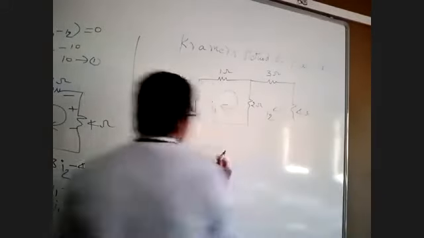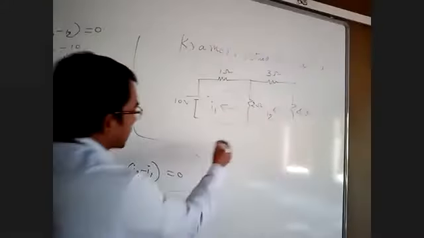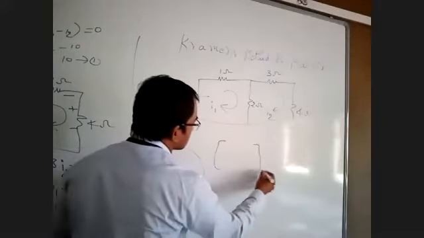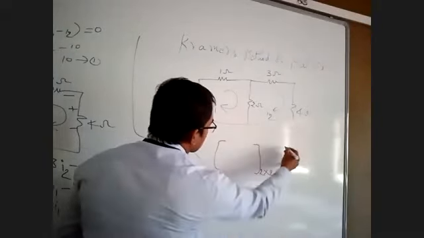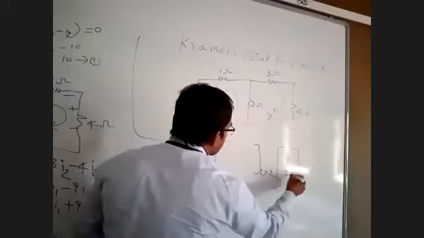Now here, how many loops are there? Two loops. So we'll get a two-vector matrix. In the two loops, we have two currents, I1 and I2.